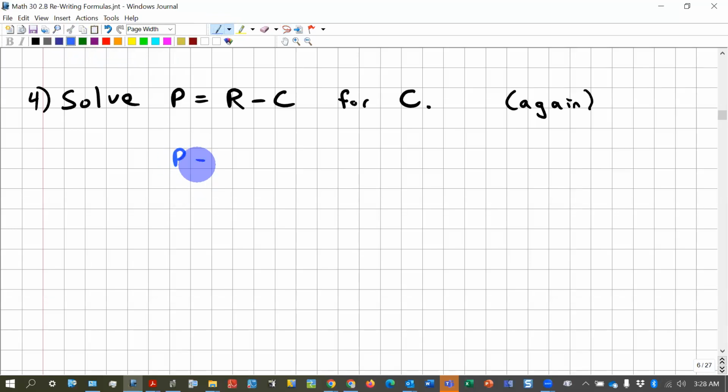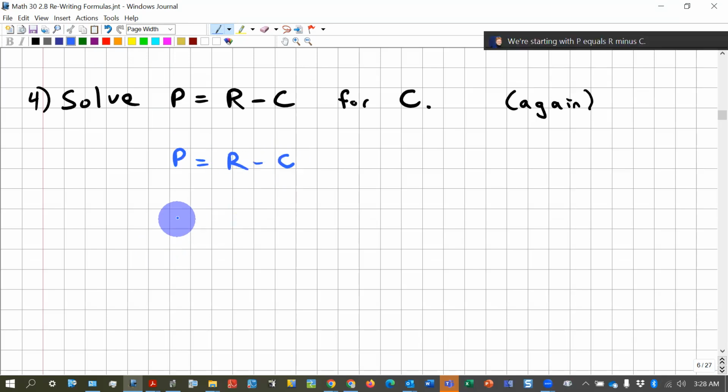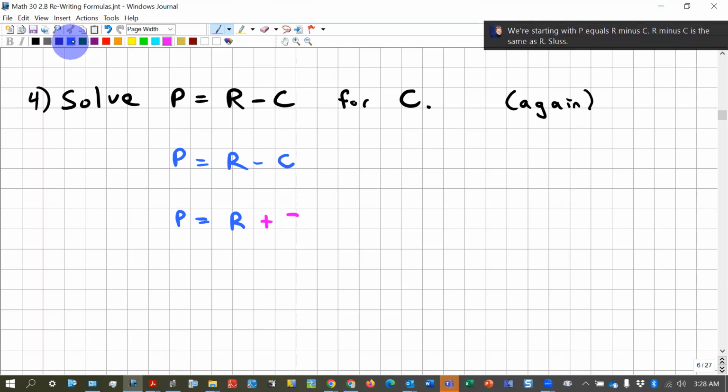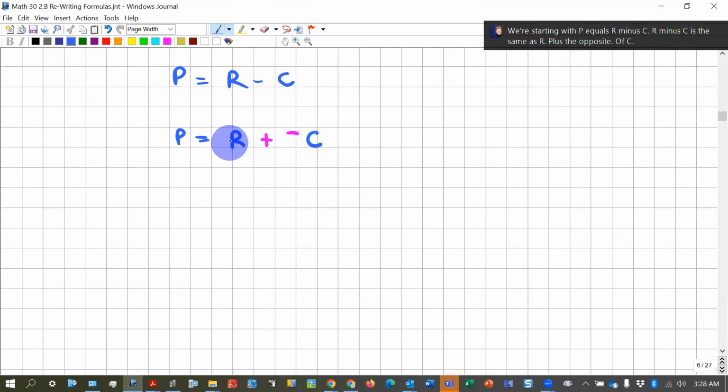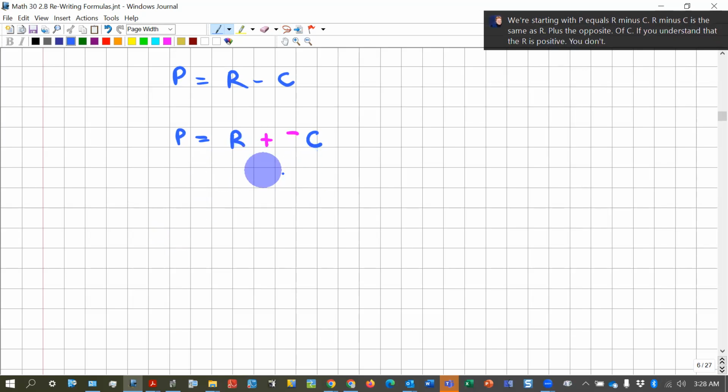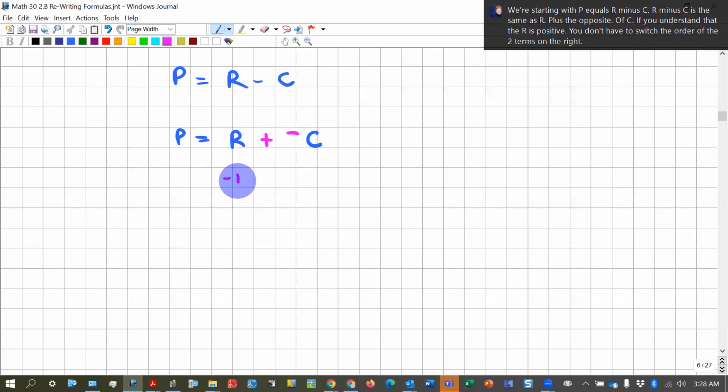We're starting with P equals R minus C. R minus C is the same as R plus the opposite of C. If you understand that the R is positive, you don't have to switch the order of the two terms on the right. You could choose to subtract R right now from both sides.